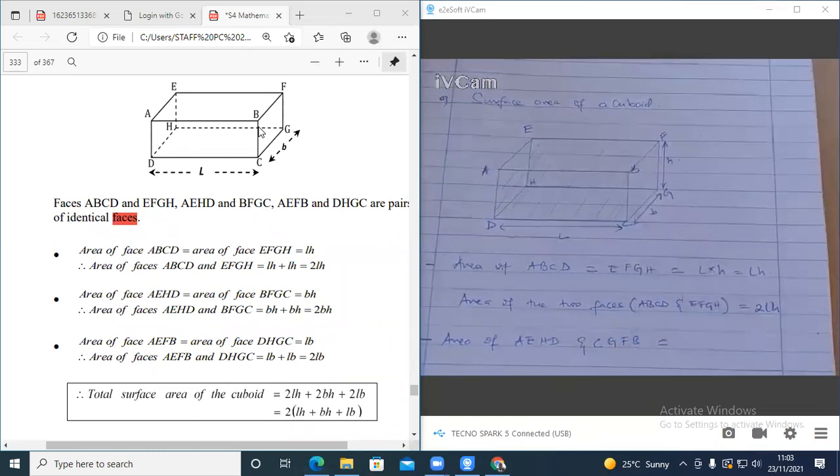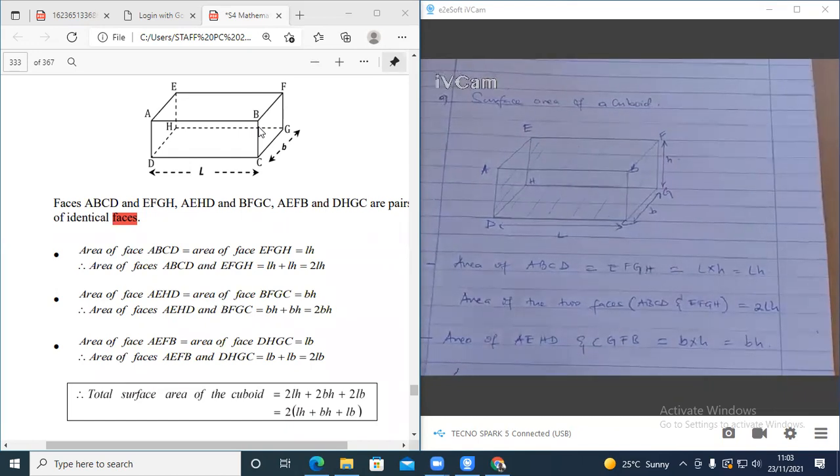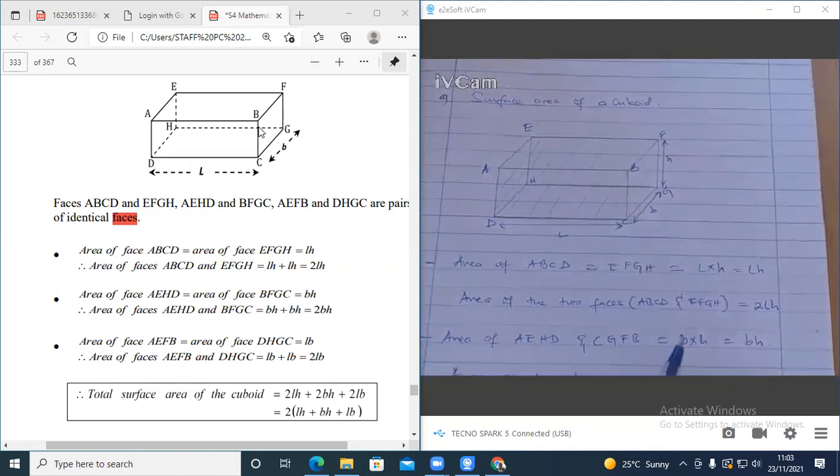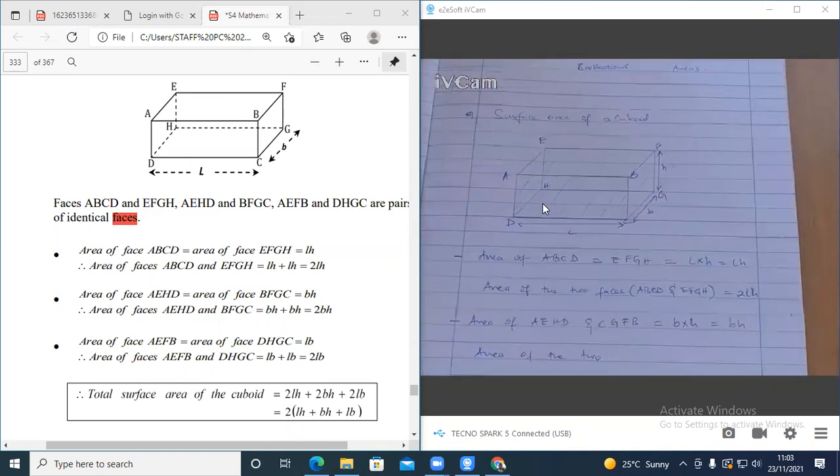So that area is also equal to base B times H, which is BH. So now the area of the two faces, AEHD and CFB, is given by 2BH, like that.